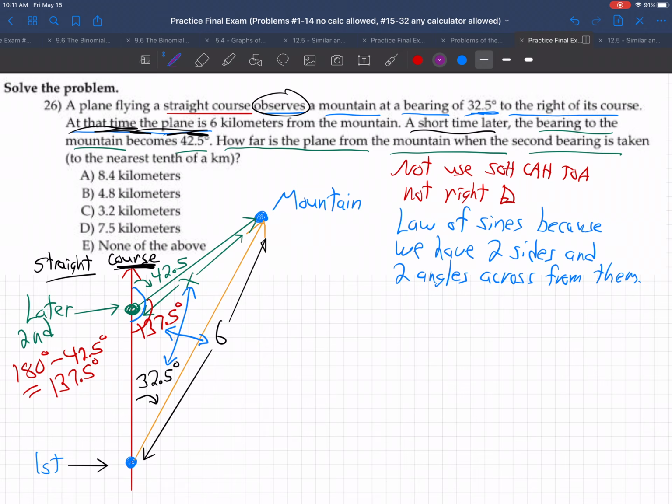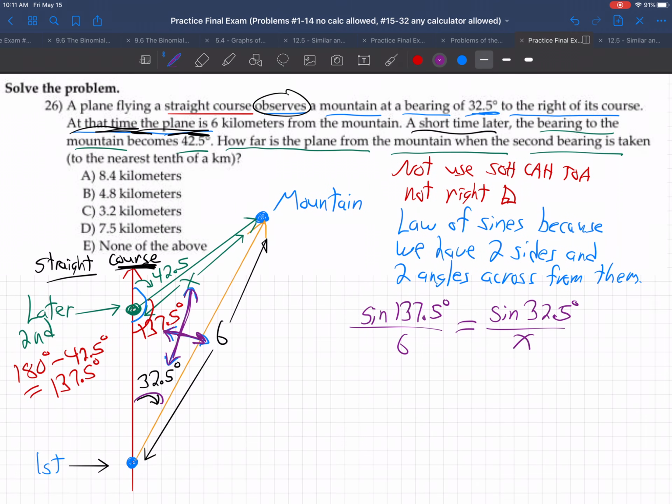Well, we're going to go sine of 137.5 degrees over 6, right? These two right here. Sine of 137.5 over 6 equals this angle here, sine of 32.5 degrees over, and the one across from that one, x. So there we go. Let's solve that for x.